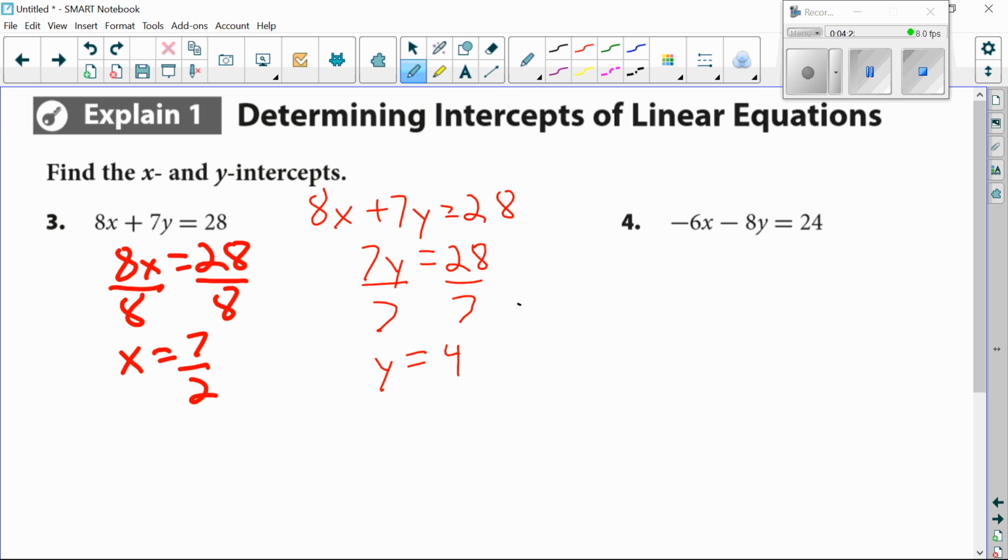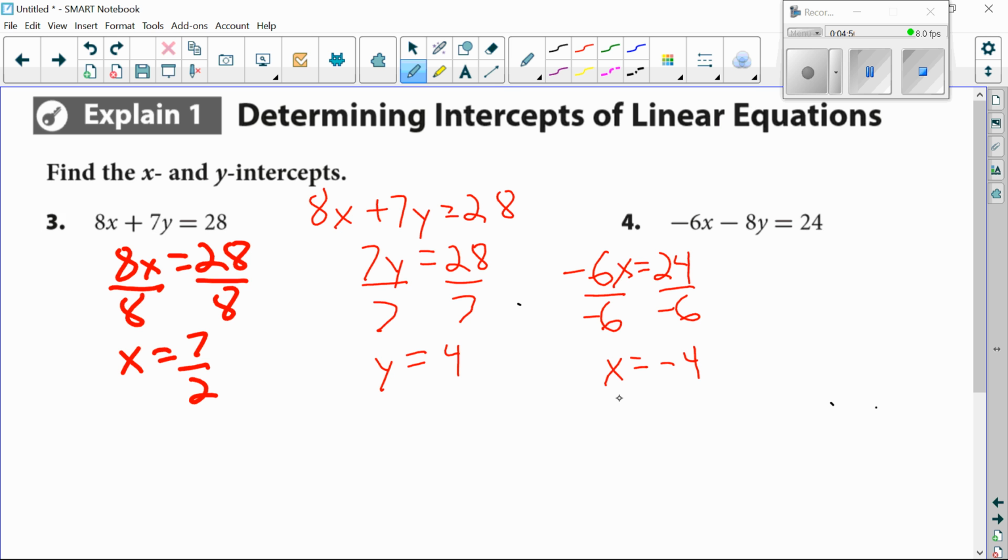And first thing I want to do is solve for the x-intercept. So I'm going to not use the negative 8y and bring down everything else. I'm just going to put it over here so I can have some space. Negative 6x is equal to 24. Divide by negative 6, and x is equal to negative 4.